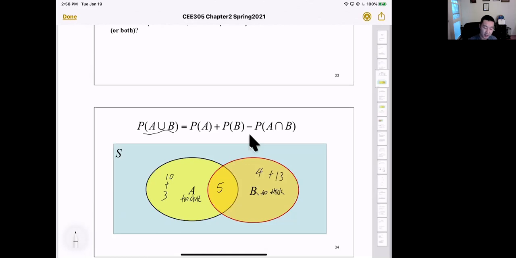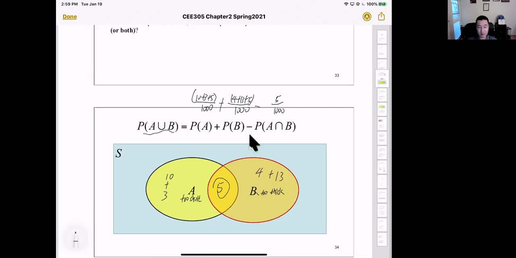Okay, and P(A) is 10 plus 3 plus 5 divided by 1,000. Right? And P(B) is 4 plus 13 plus 5 divided by 1,000. Okay, and don't forget we need to minus P(A and B). This is the 5. So minus 5 divided by 1,000.